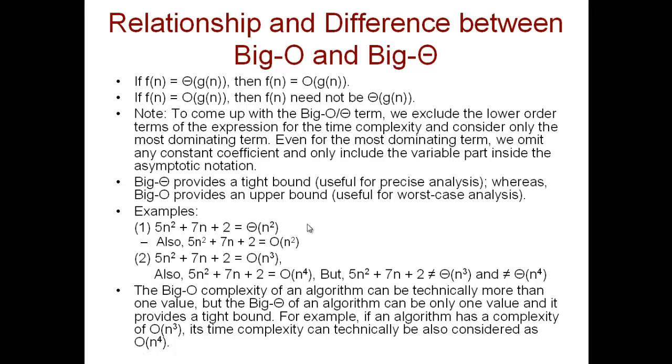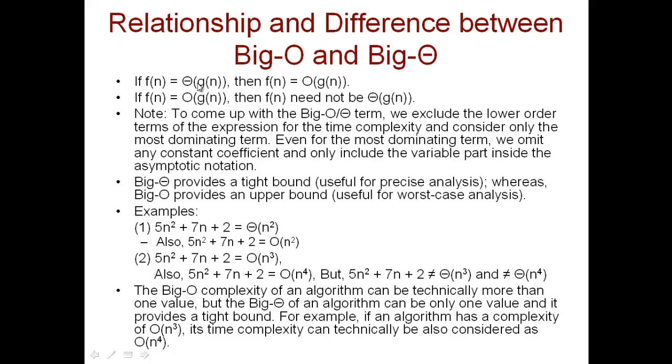So it could be equal to or could be less than. So we could have 2, that means equal to. If you want to apply the less than part of the definition, you could have 2.1, 2.2 or 3 or 4 inside the big O notation. So that equal to part of the definition is what is common between the theta and the big O notation. So that means if f of n equals theta of g of n, f of n is also big O of that g of n.